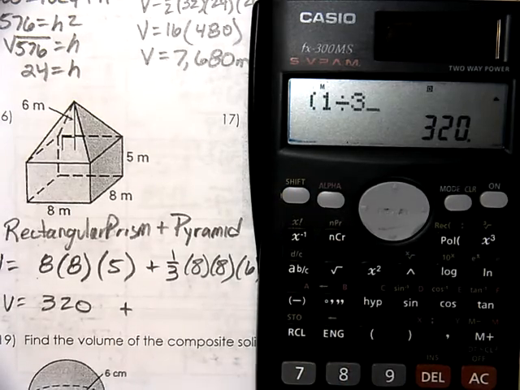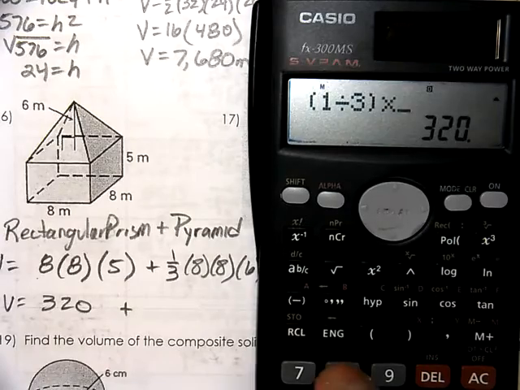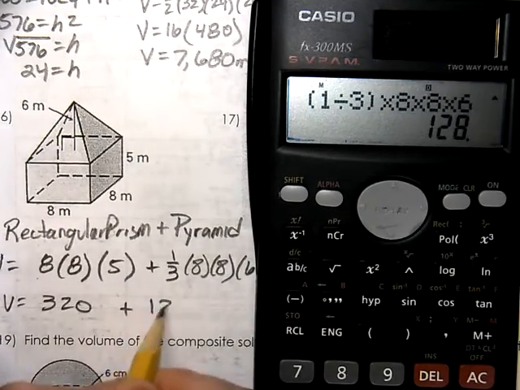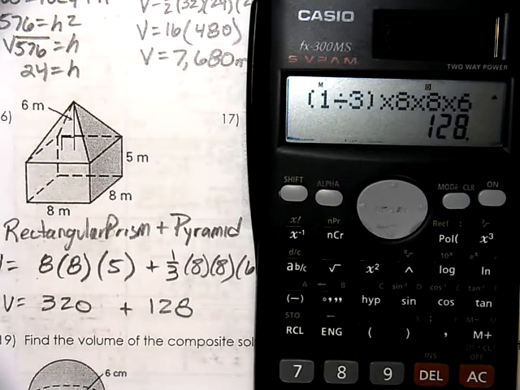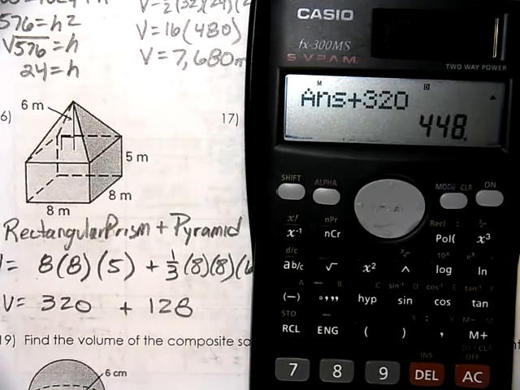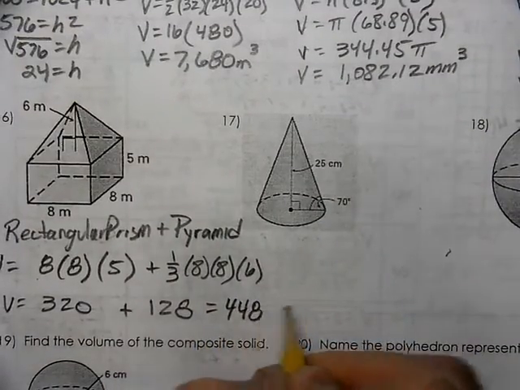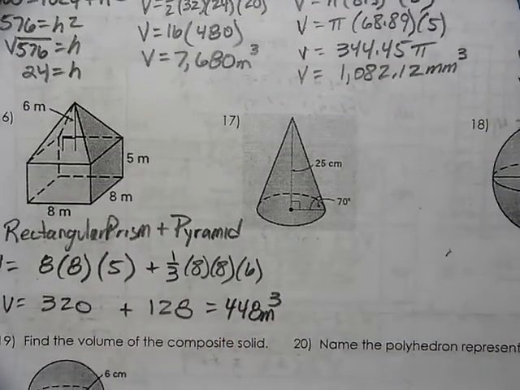We'll say 1 divided by 3 times 8 times 8 times 6. It's 128. Add that to the 320. We came up with 448 meters cubed.